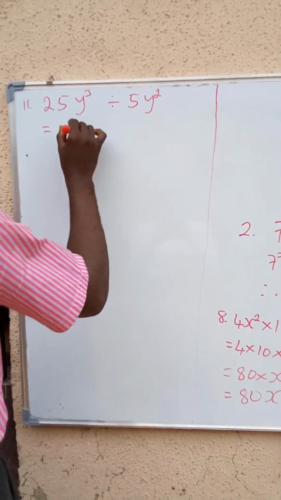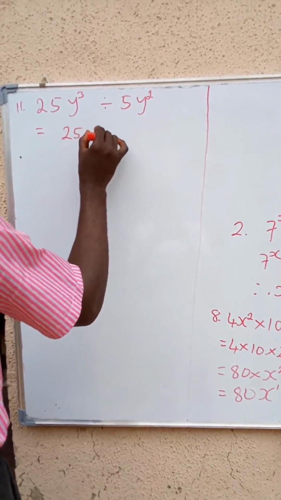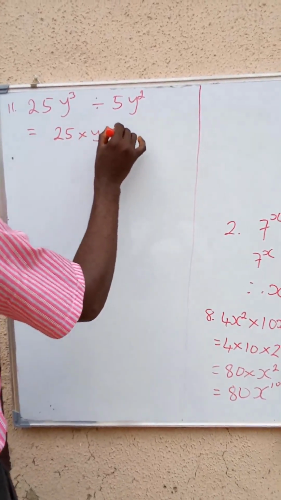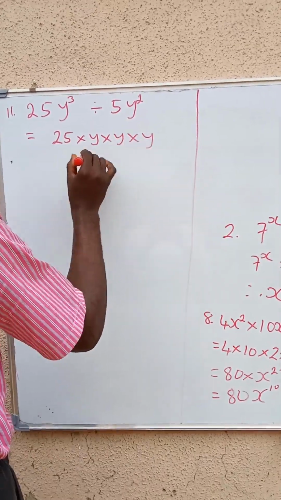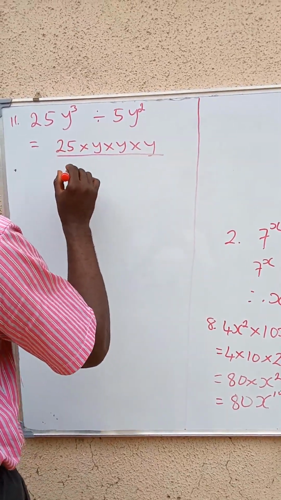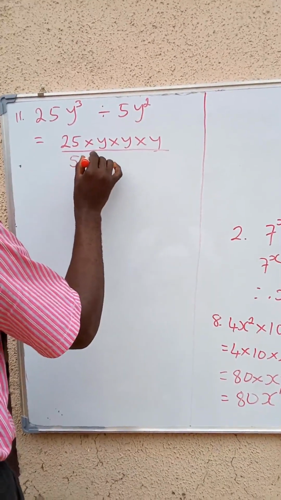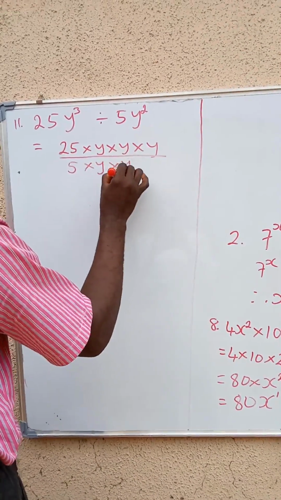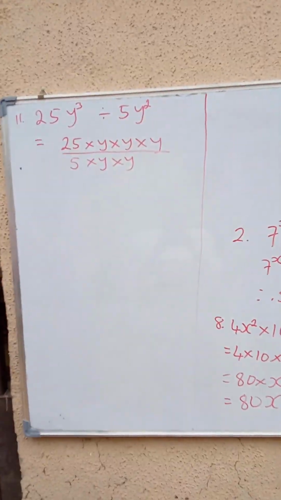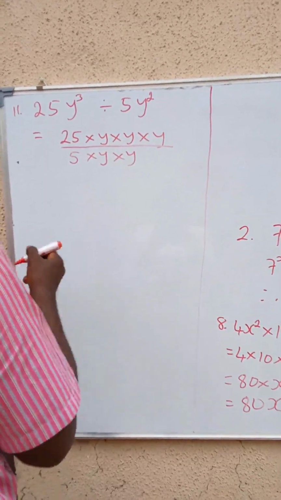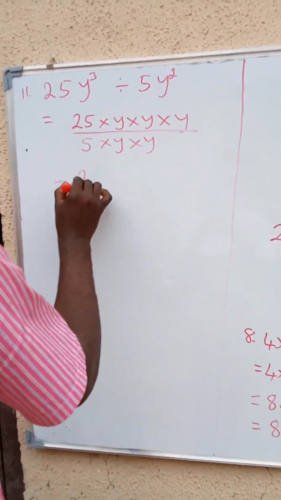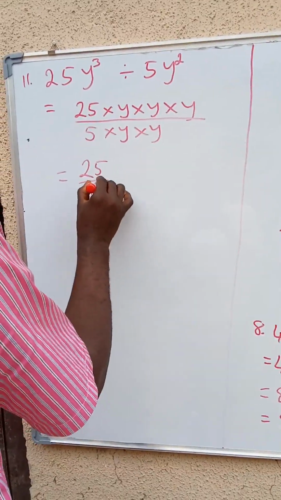This is the same thing as 25 times y times y times y over 5 times y times y. Now look at it here. This is the same thing as 25 over 5.